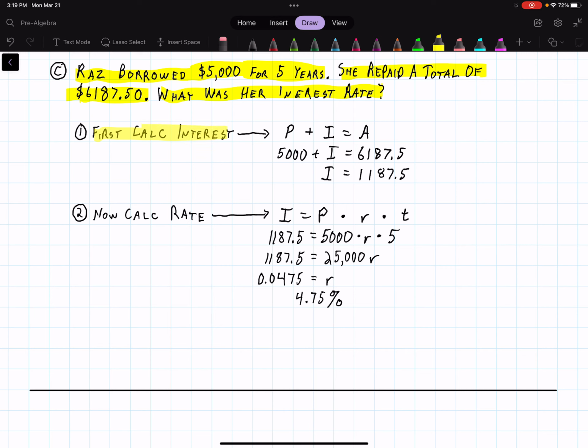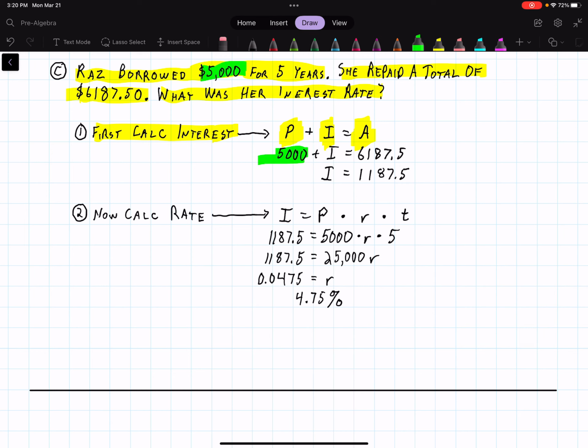So first, calculate what her interest was. If we remember, the principal plus the interest equals your total amount. So we know the principal right here, $5,000.